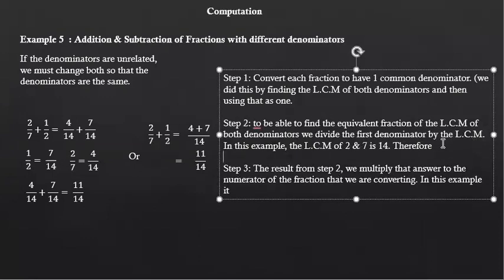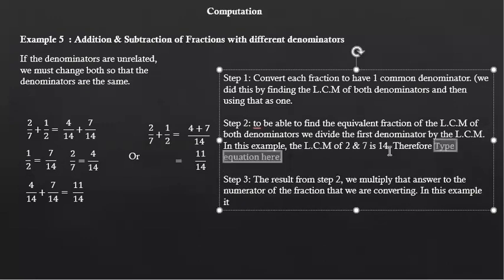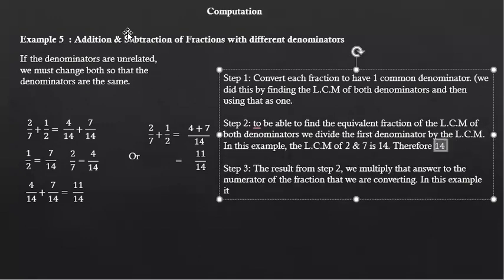So therefore now we would have an equation like this. It would be 14 divided by 7 is equal to 2.